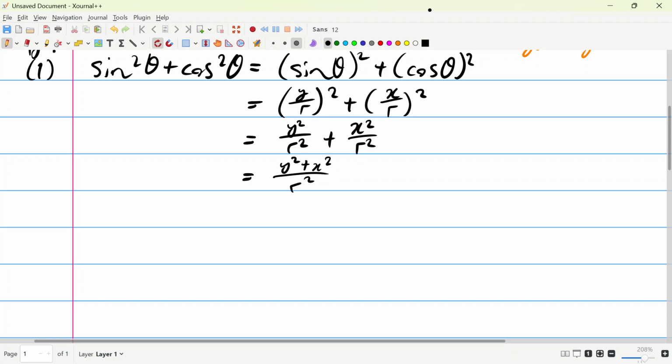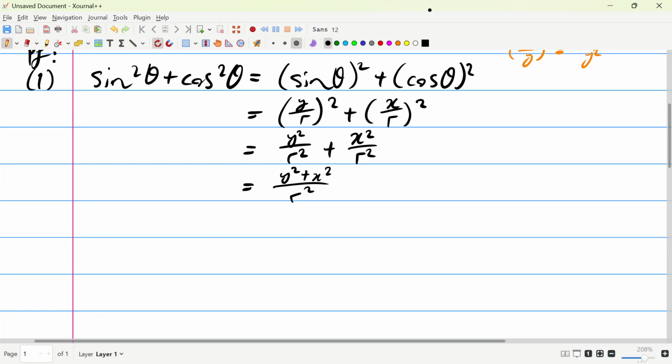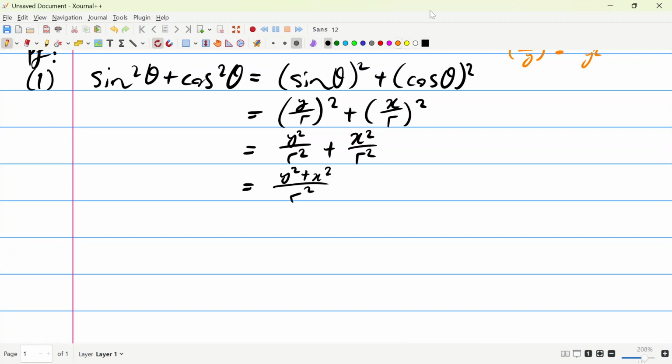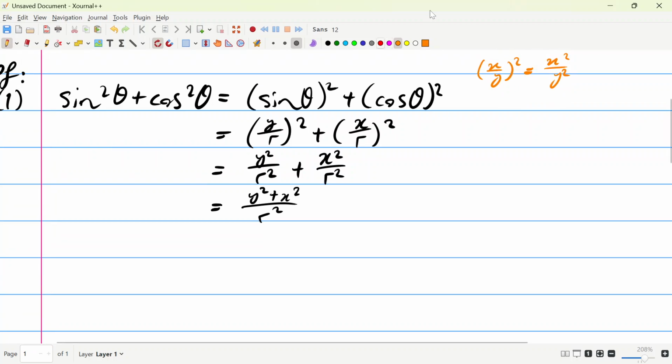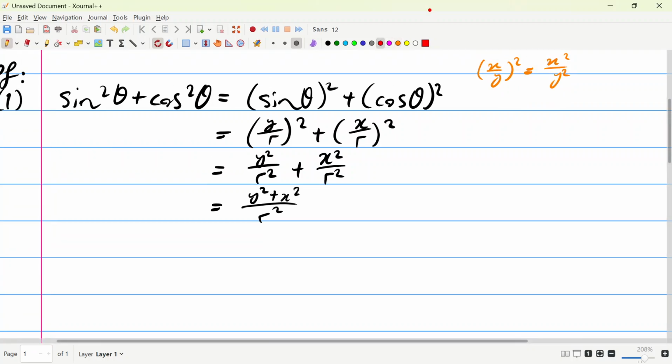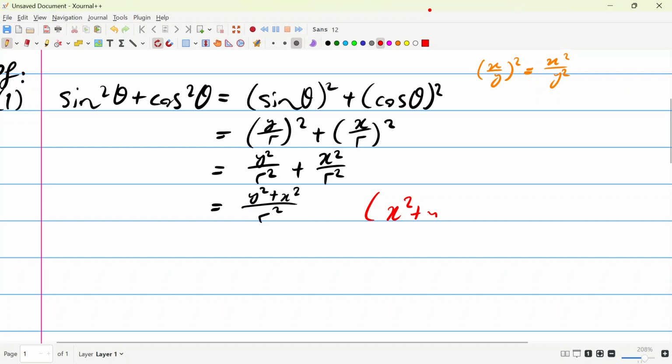Now, where would we go from here? Notice that y squared plus x squared is very similar to an equation that we know from Pythagoras, or a circle equation: x squared plus y squared is equal to r squared.